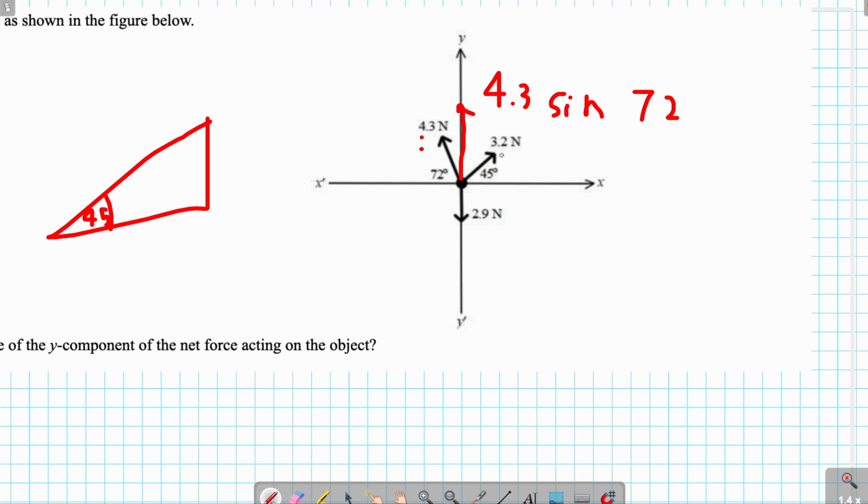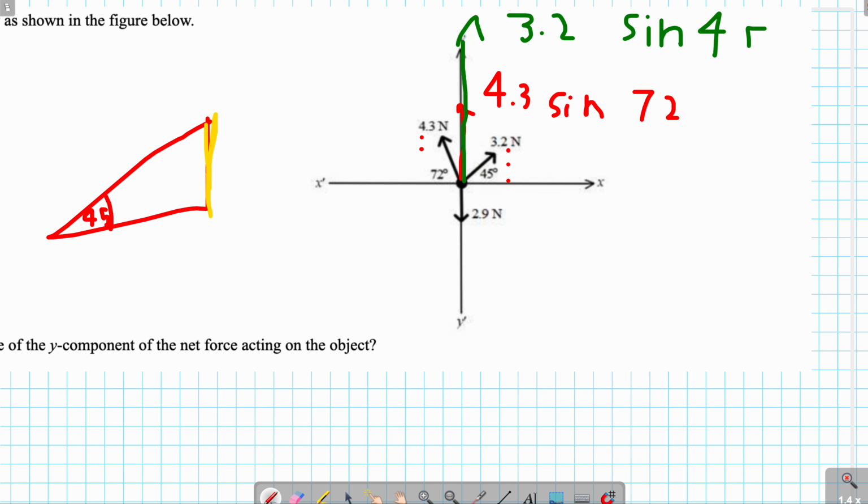By the way, to not get confused, this is equal to the y axis basically. We need the vertical component, so we need this part, the opposite, which means we use sine. So 3.2 sine 45.